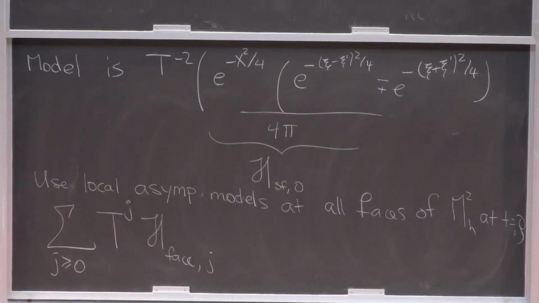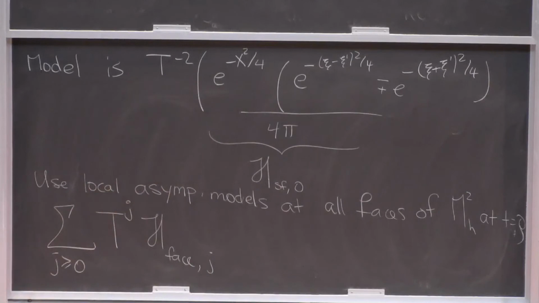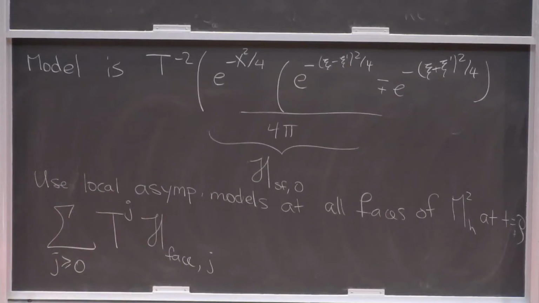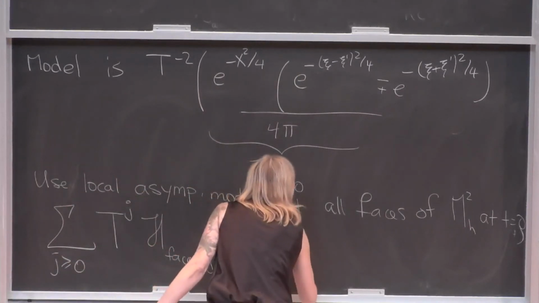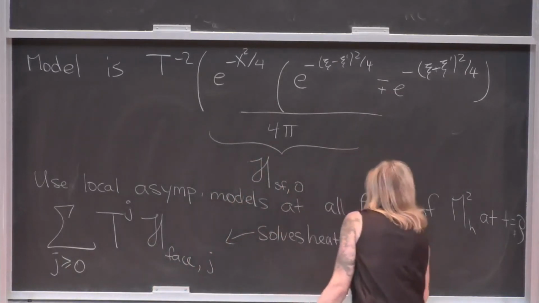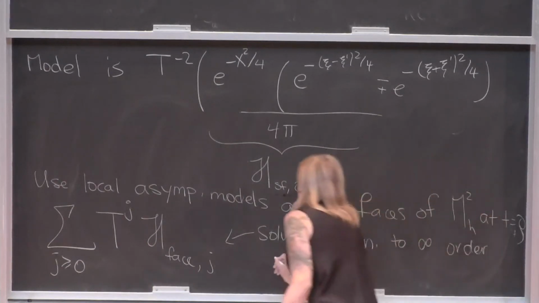And basically, the first approximation will solve the heat equation with some error. And then we try to get rid of the error. And so we sort of iteratively build this thing to solve the heat equation to infinite order at all faces at t equals 0.